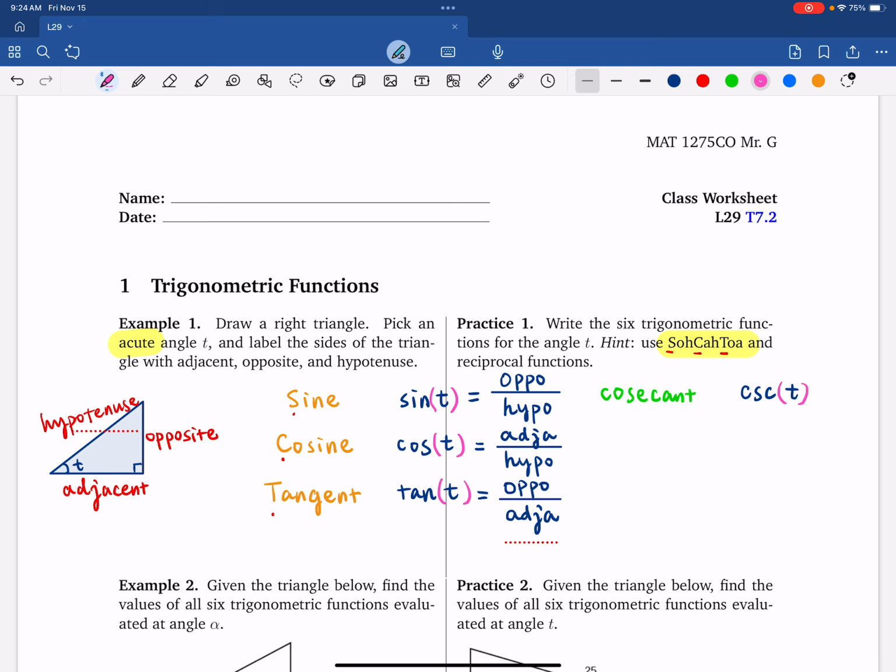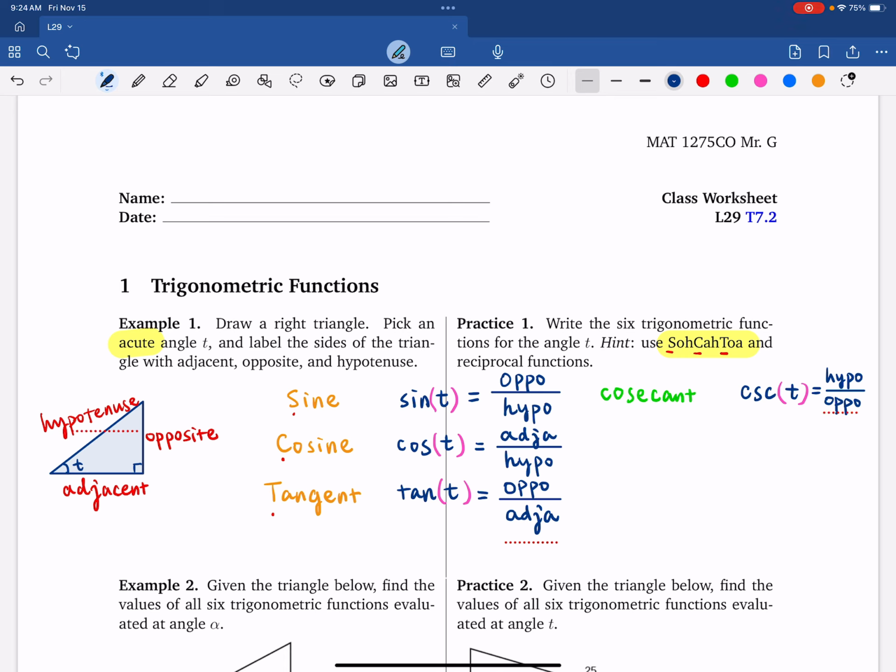And since this is the reciprocal of sine, you simply flip this upside down. Because our sine is opposite divided by hypotenuse, your cosecant is hypotenuse divided by opposite. And do you need to remember this?